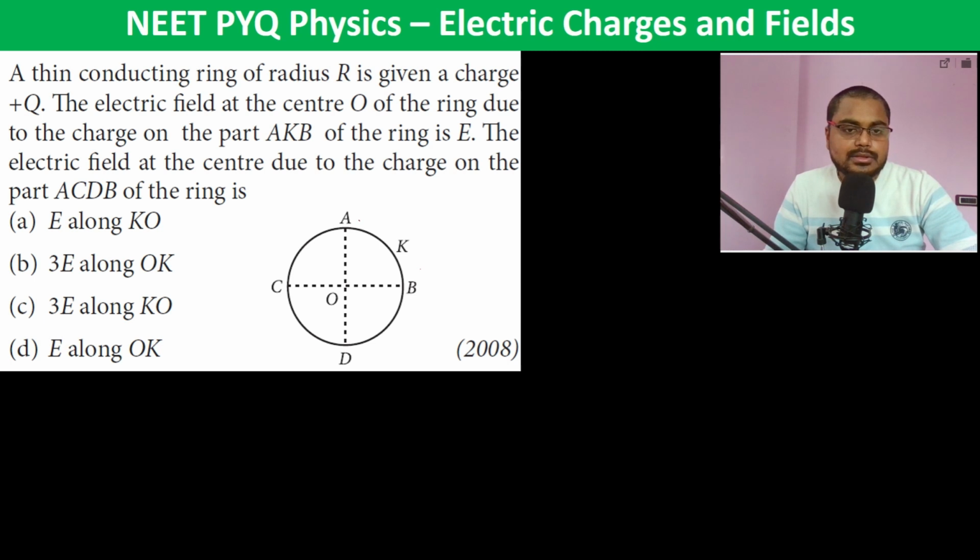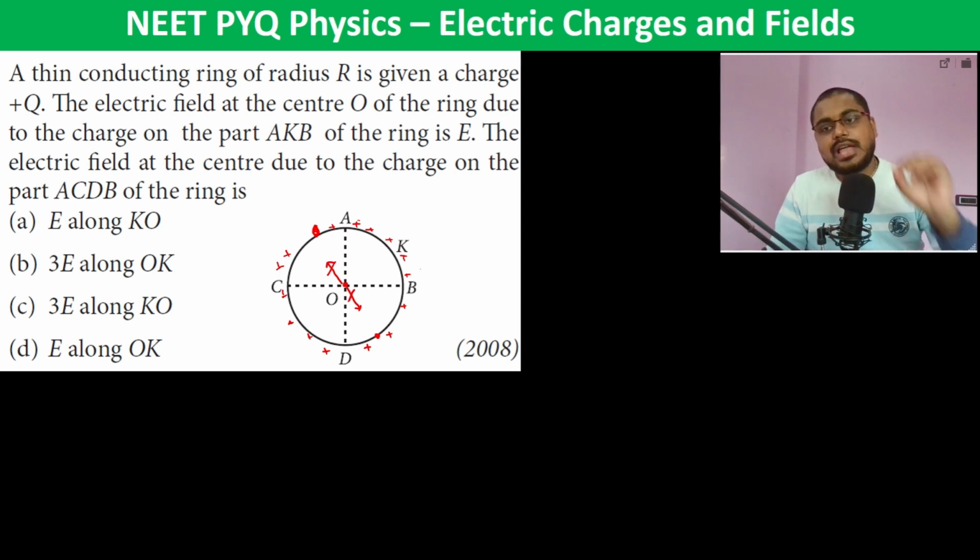Because the charge is distributed uniformly, the electric field at the center is going to be 0. If due to this charge the electric field is in this direction, due to the charge symmetrically opposite to it the electric field is in the opposite direction, so all are going to cancel each other. Therefore the electric field at the center is 0 due to symmetry.